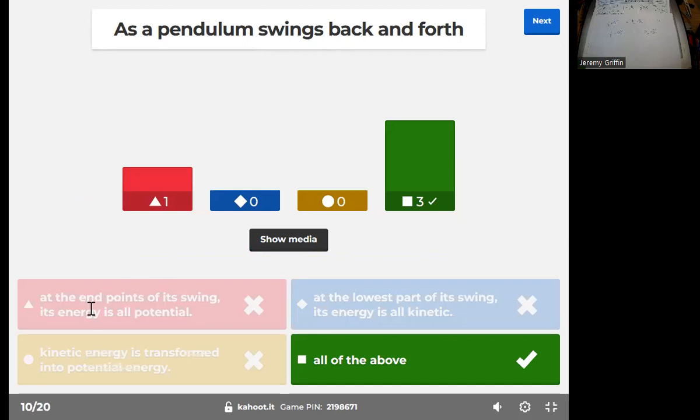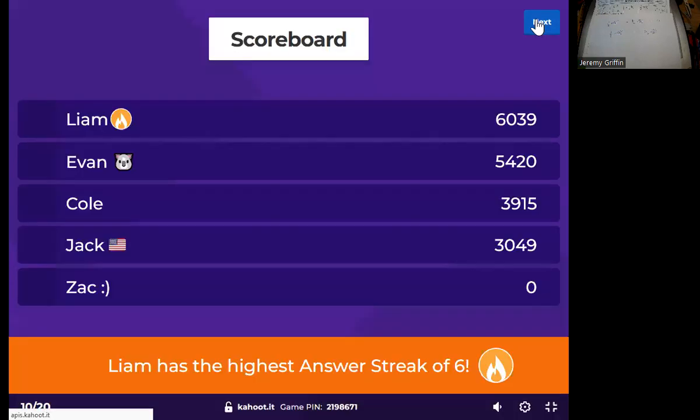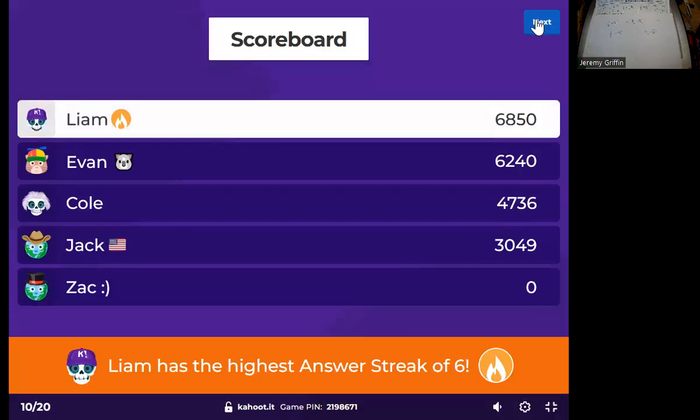At the endpoints, the energy is all potential. There's no speed relative to everything else in the room. At the lowest point, you could consider all the energy to be kinetic. In fact, that's naturally what we would do, because at the lowest point you can define potential energy to be 0. And the energy is oscillating back and forth between those types: potential, kinetic, potential, kinetic, as it swings back and forth. So all true statements.